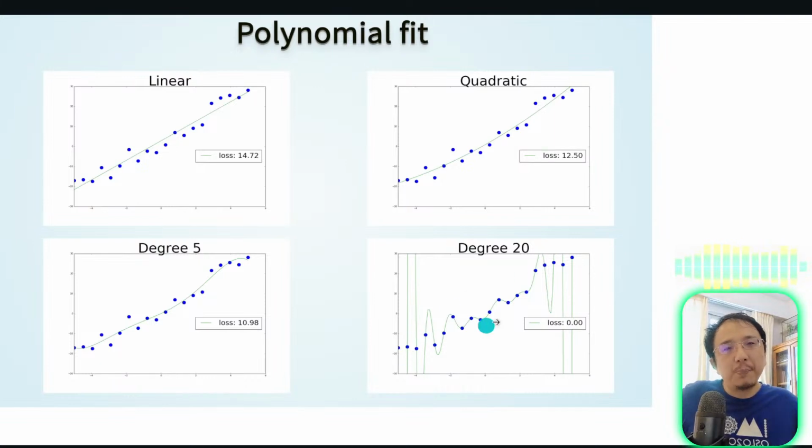However, this may not be a good idea. The training loss becoming 0 may not be a good thing. Although you can see that the linear model has the highest loss, the quadratic has the second highest loss, the degree 5 has less loss than the quadratic one, and of course the degree 20 has the perfect loss, which is just 0.